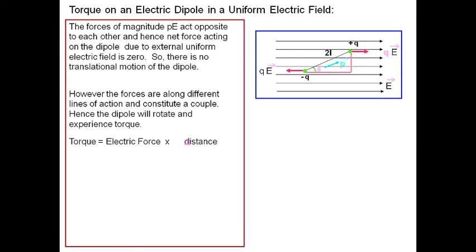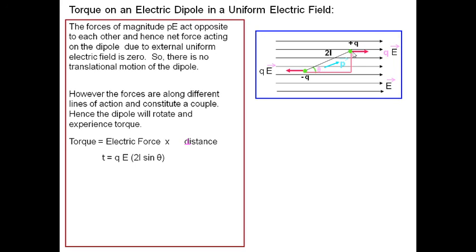So how to determine the torque? The simplest formula is torque equals the electric force magnitude into the perpendicular distance between the two forces. Here we take this as the perpendicular distance d. The force is qE, and the perpendicular distance is 2l sin theta, where theta is the angle between the electric field and the electric dipole moment.